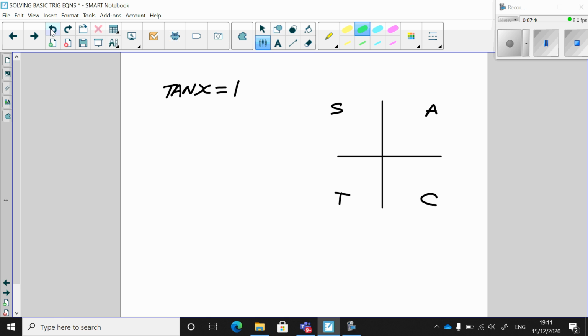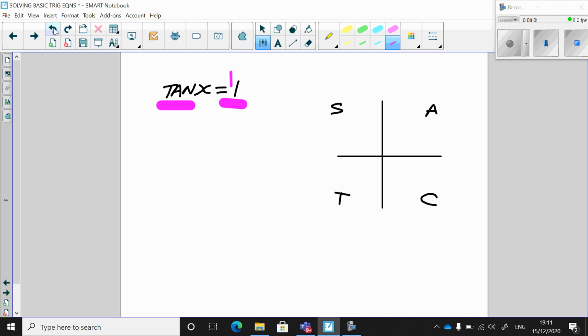Tan x equals 1. Let's bring on the quadrant check. So what I'm interested in here is I've got tangent. There's 1. Is it positive or negative? Well, there's not a line in front of it, so it's positive.